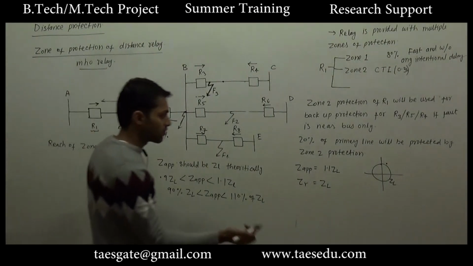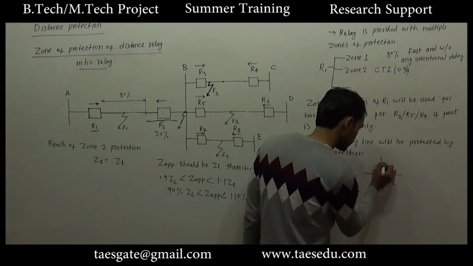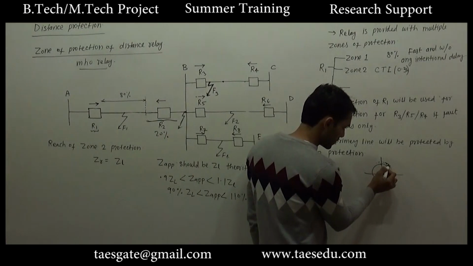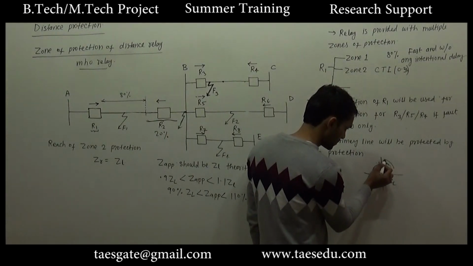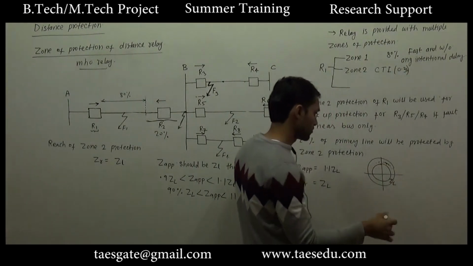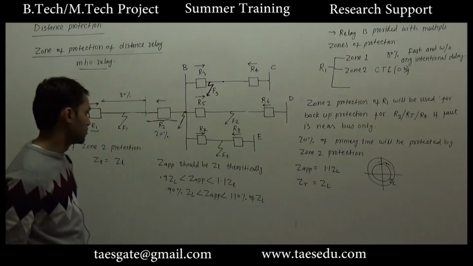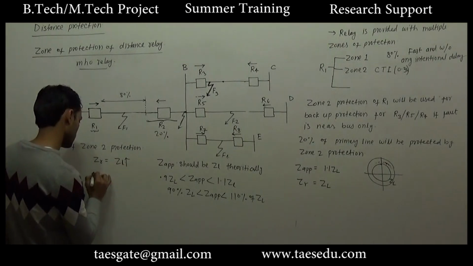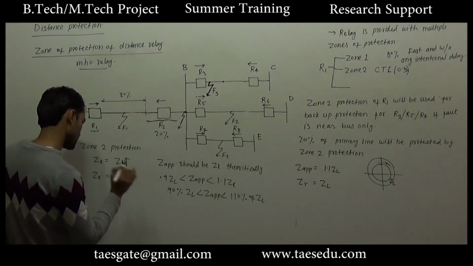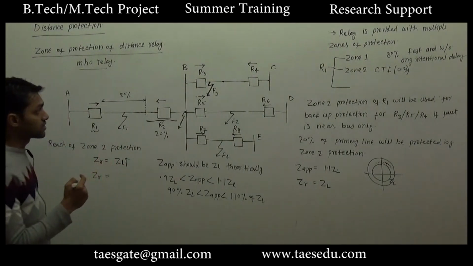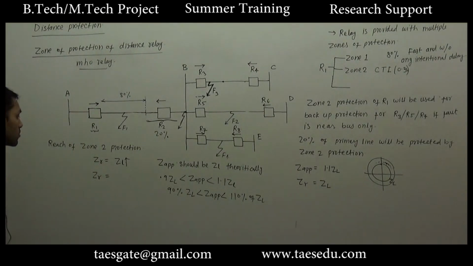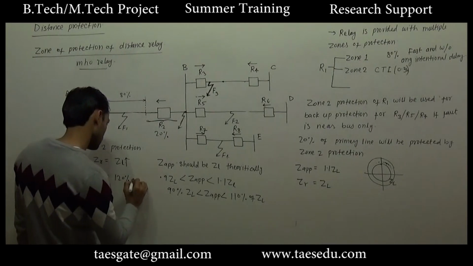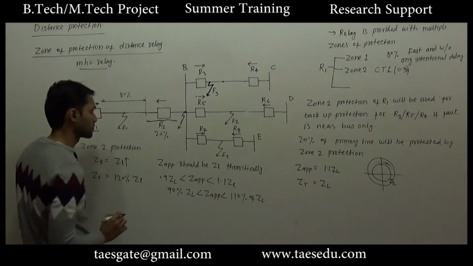Now, when will this fault be detected? If this point lies under the Z reference circle. So for that we need to increase the value of Z reference. For a safe value, the safe reach of zone 2 protection is 120% of the primary line.